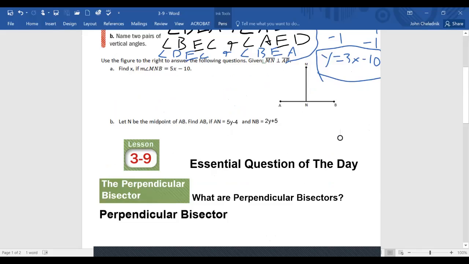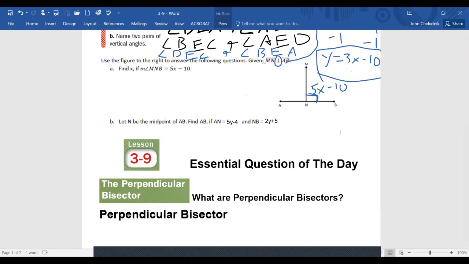It says use the figure to the right to answer the following questions. Given that MN is perpendicular to AB, recall this symbol means perpendicular, that means 90 degrees. Find x if angle MNB is equal to 5x minus 10. Okay, I'm going to label that. It's always a good idea to label your pictures, remember.